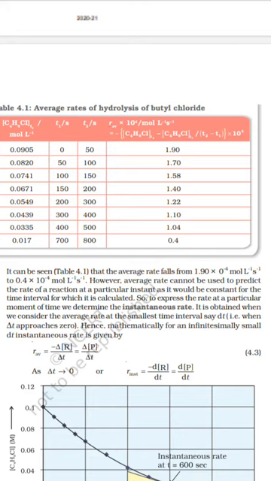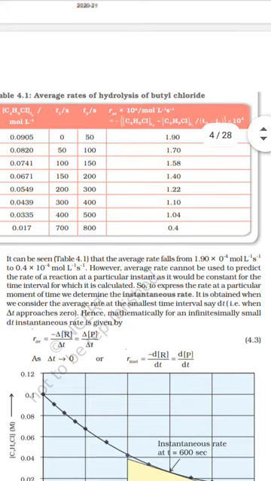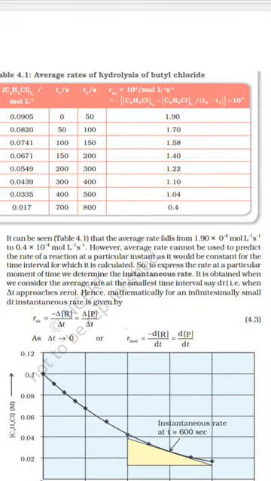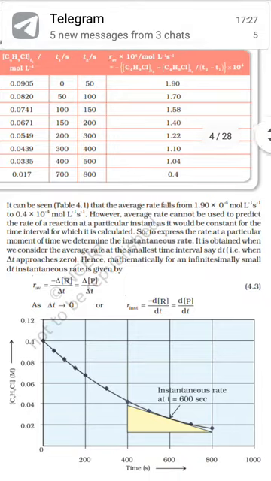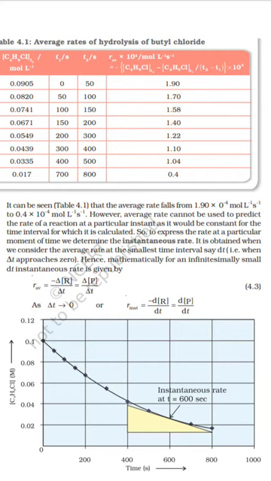Hence, mathematically, for an infinitesimally small dt, the instantaneous rate is given by R average equals negative delta R by delta t equals delta P by delta t. As delta t approaches 0, R instantaneous equals negative d[R] divided by dt equals d[P] by dt.